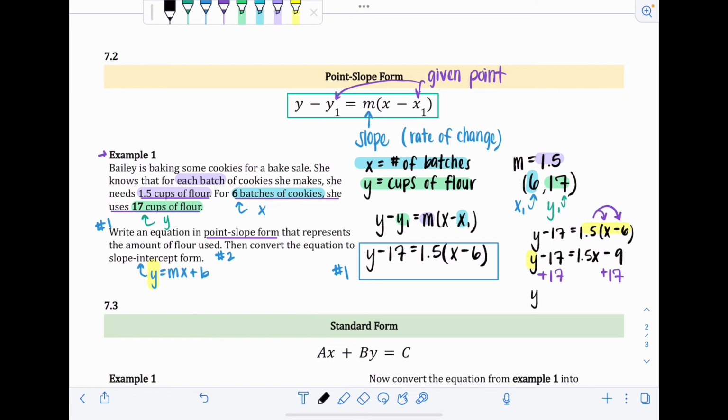And then I have y equals, the negative 17 plus 17 cancels out. I bring down my 1.5x, and then negative 9 plus 17 would be a positive 8. So I'd end up with y equals 1.5x plus 8, and now that's in my y equals mx plus b form. So that's my final answer for the second part of the question.